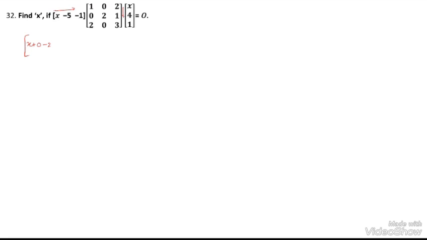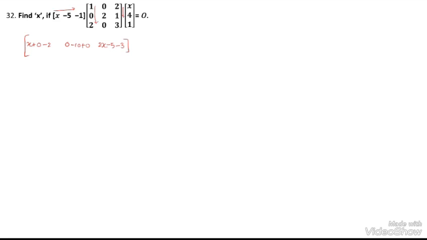I have to multiply taking the row by the first column. Because there is only one column. X into 0 is 0. Minus 5 into 2, minus 10. Minus 1 into 0 becomes 0. Here x into 2, 2x. Minus 5 into 1, minus 5. Minus 1 into 3, minus 3.